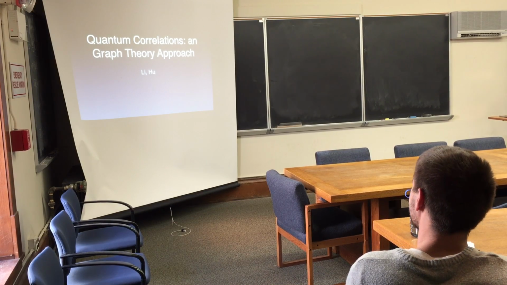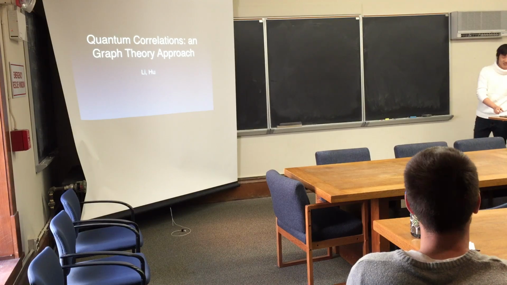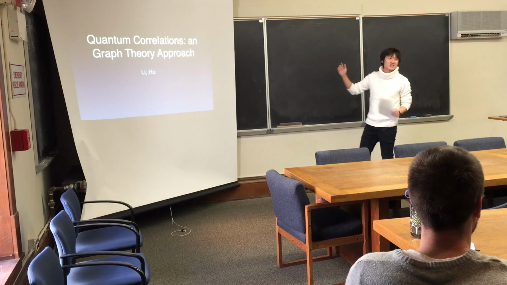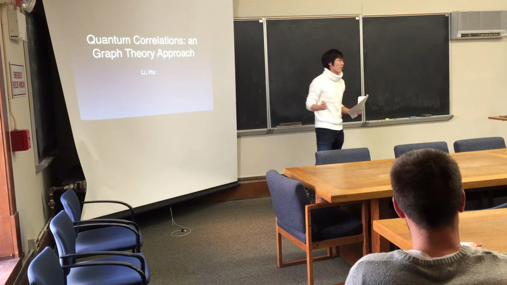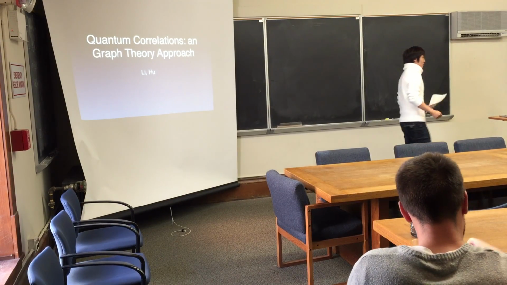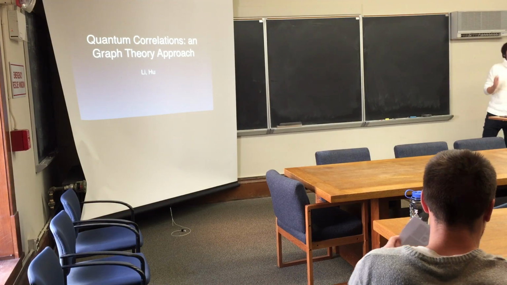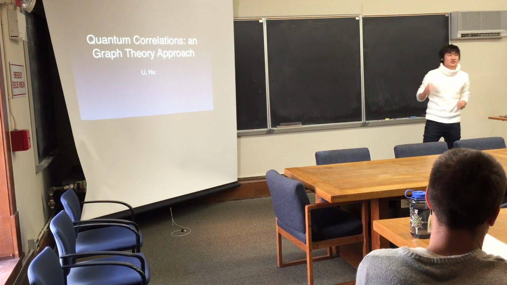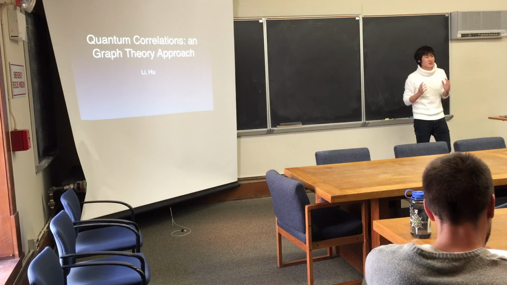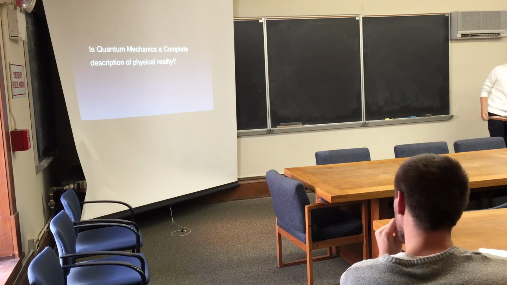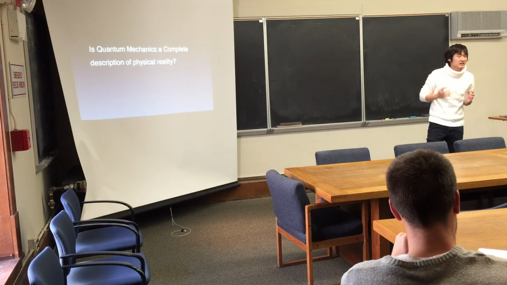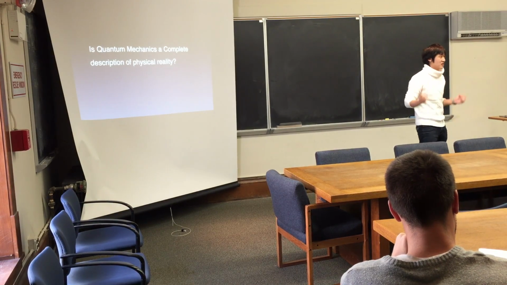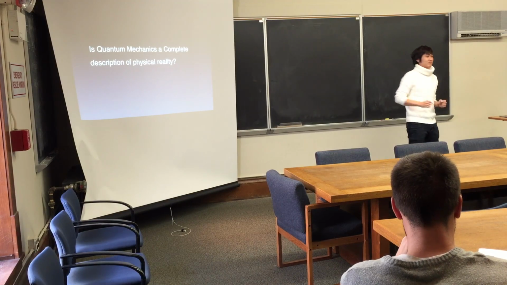So, okay, guys. Today I want to talk about quantum correlation in a graph theory platform. But before that, the real motivation behind this talk, the big question, is this: is quantum mechanics a complete description of nature?